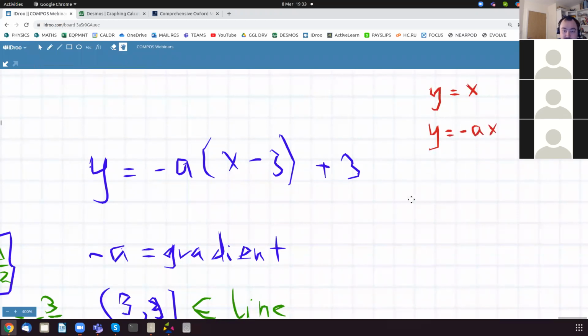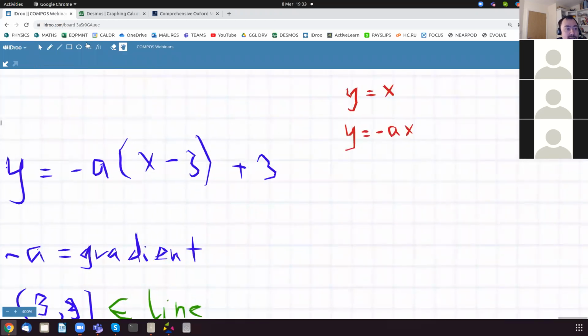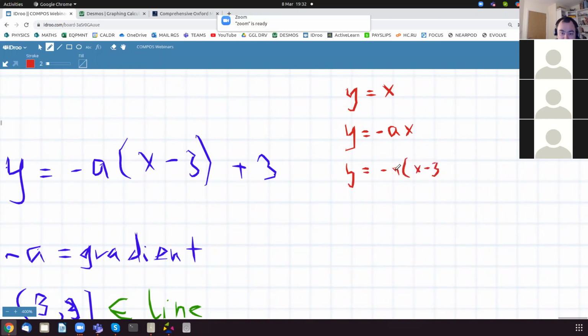So this is a vertical stretch. Then you have a horizontal shift, y equals minus a times x minus 3. That's a horizontal shift. And then there's a vertical shift, which is plus 3.